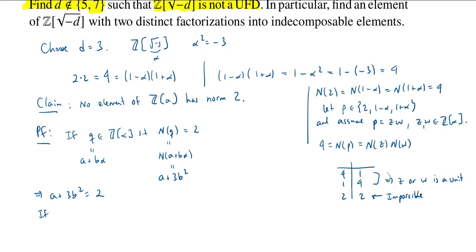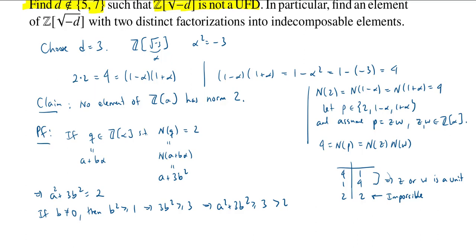So if B is not 0, then B squared is at least 1. And that implies that 3B squared is at least 3, and that implies that A squared plus 3B squared is at least 3, and 3 is greater than 2. So if B is not 0, then it's impossible for us to get a norm that is 2.